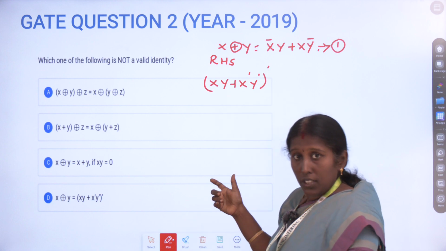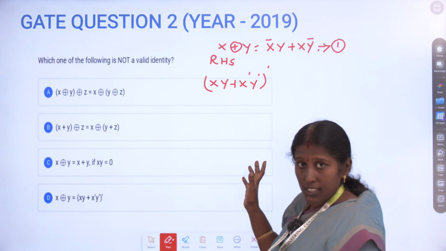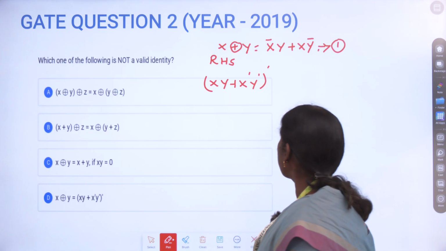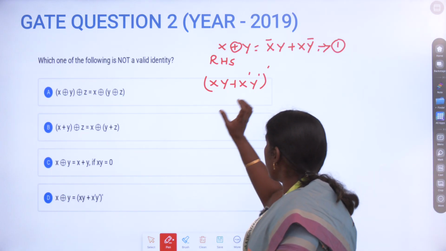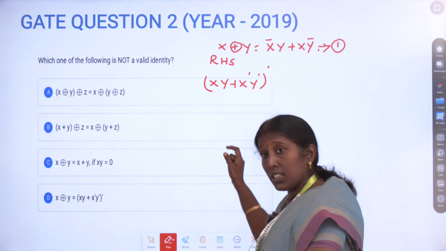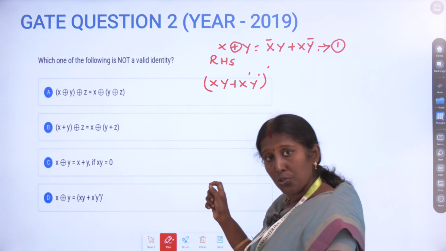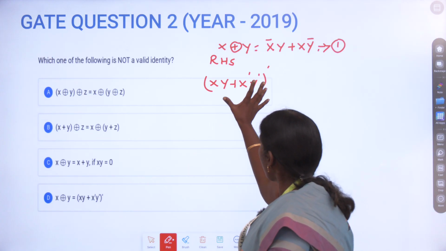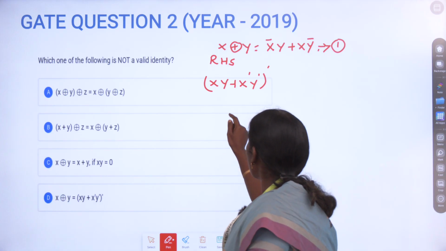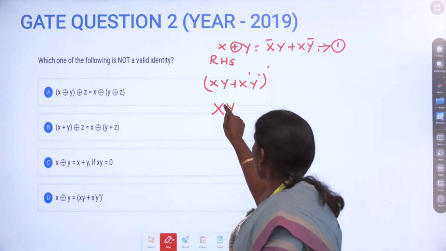Okay, when you look into this, it is very clear that this is De Morgan's theorem. Now we have to apply the De Morgan's theorem here. While applying it, we know that (a plus b) the whole dash is equal to a dash dot b dash. By using that principle, we are going to expand this equation. So what is this? A is xy.